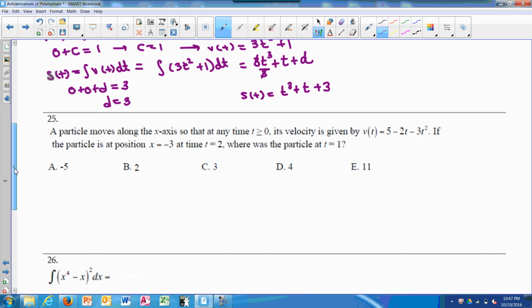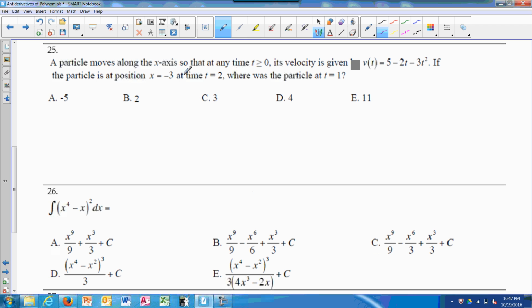Okay, another version. A particle moves along the x-axis so that at any time t greater than or equal to 0, its velocity is given. If the particle's position x equals negative 3 at time 2, where is the particle at time 1? So I'm going to think of this as position being x, and then velocity and acceleration.